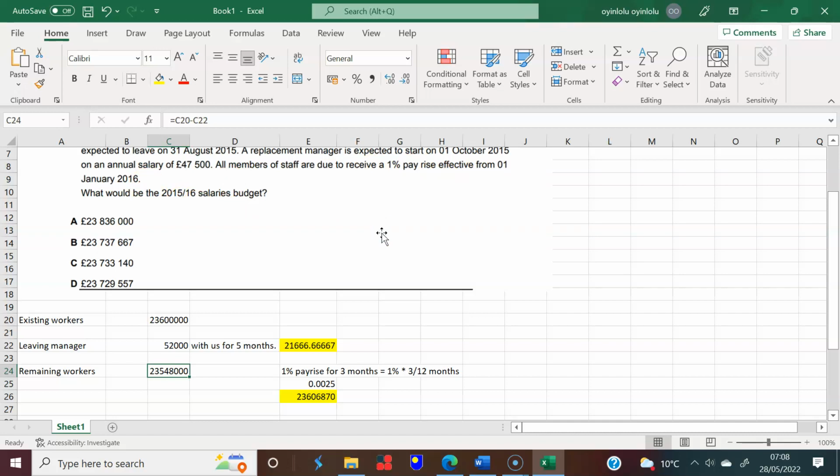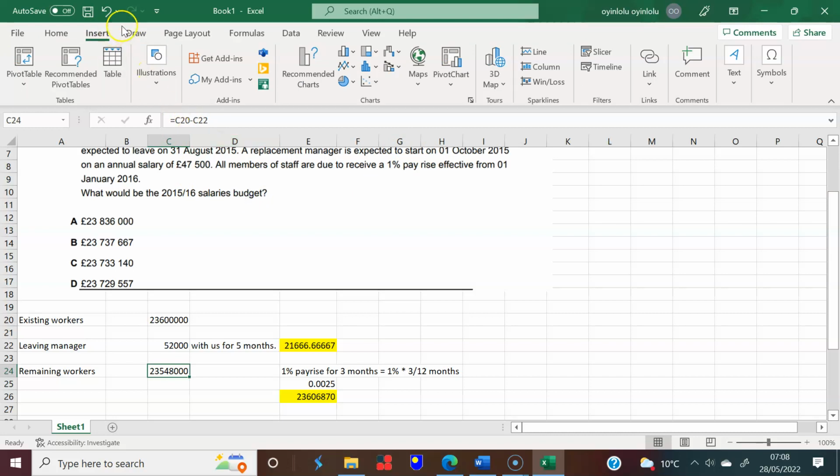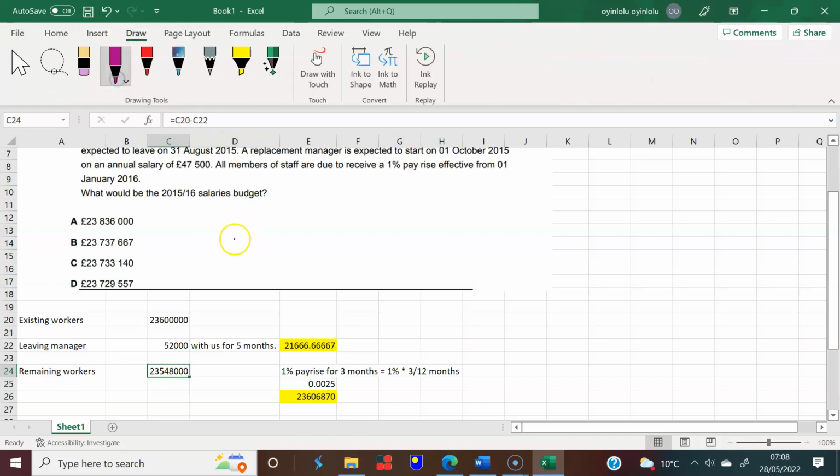I might come back and do this question again separately after the series. Maybe I'm looking at this differently, but I'm literally using the same methods we used for the progress test. So 1% pay rise from the 1st of January, which means you have the 1st of January 16 to the 31st of March 16.